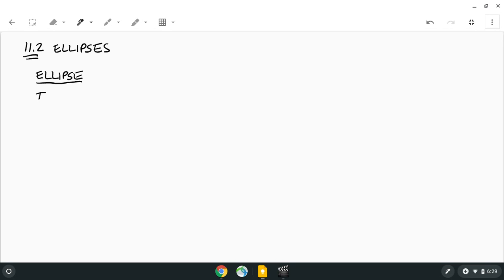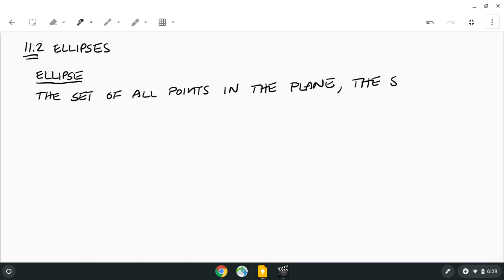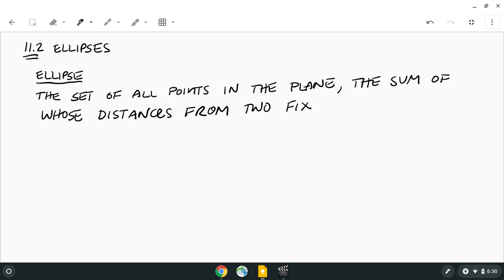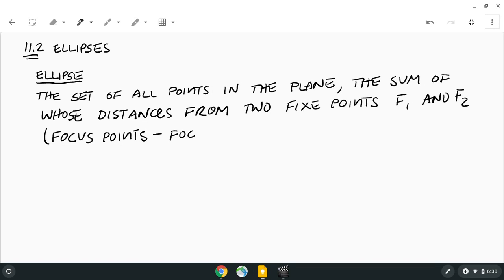Here it is: the set of all points in the plane the sum of whose distances from two fixed points F1 and F2, and these are the two focus points, called foci for plural, is always constant.